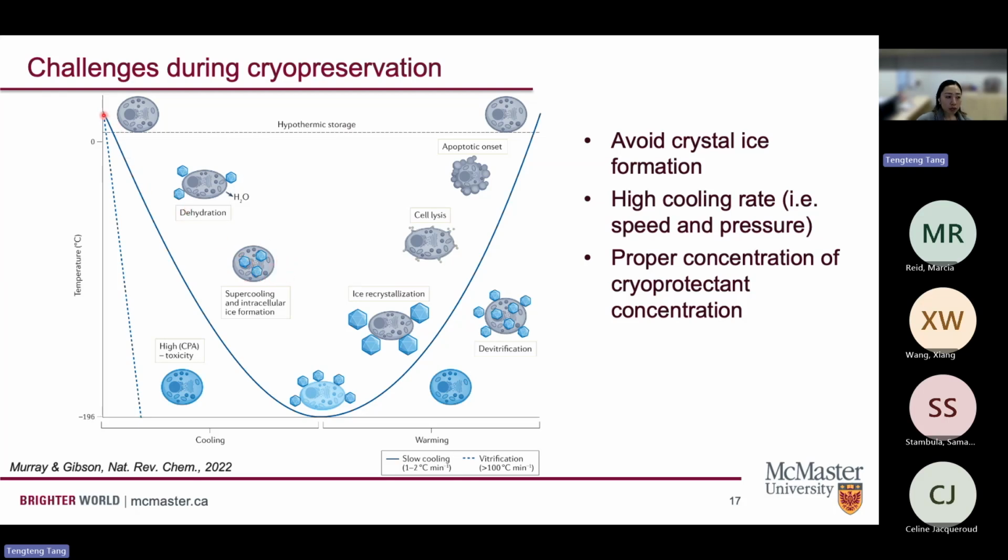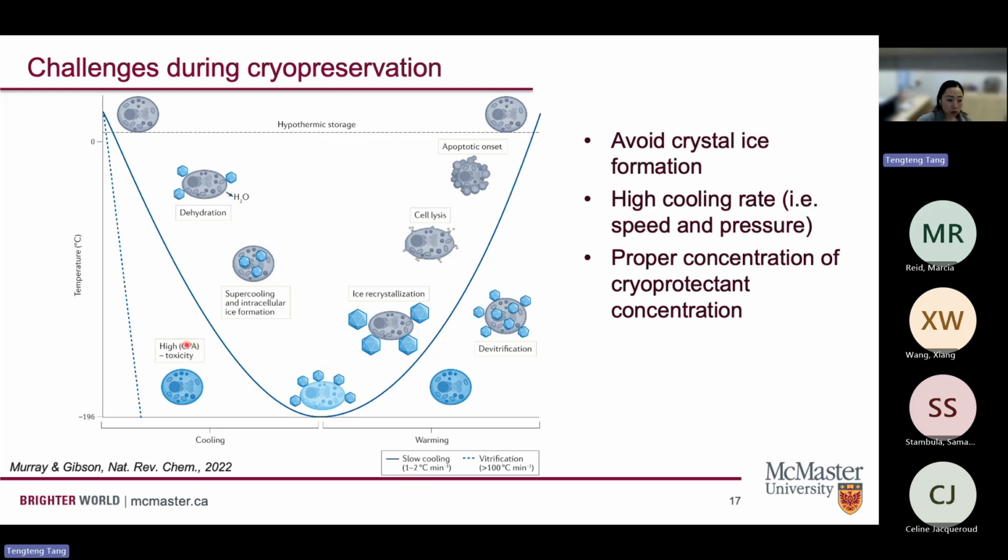Only if we increase the freezing speed up to a point will the ice crystals not form. We'll only form amorphous ice, and this process is called vitrification. With vitrification, we can either use a really high freezing speed, or we can also add a cryoprotectant agent.